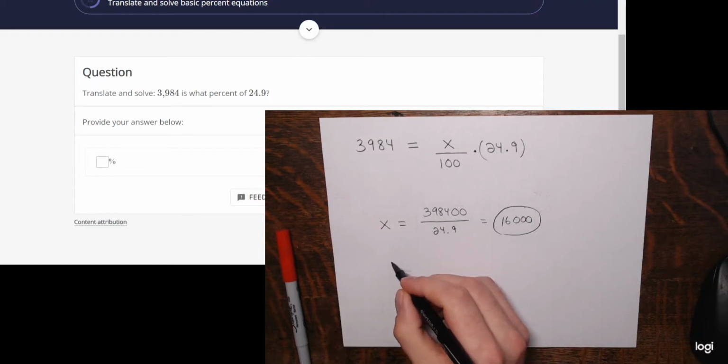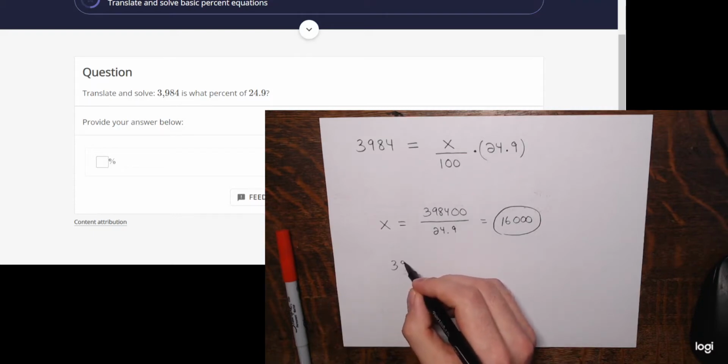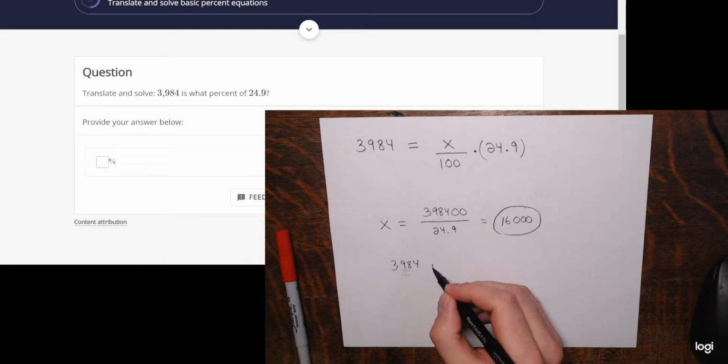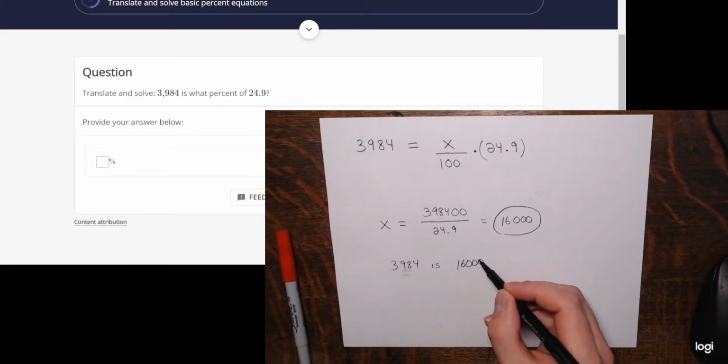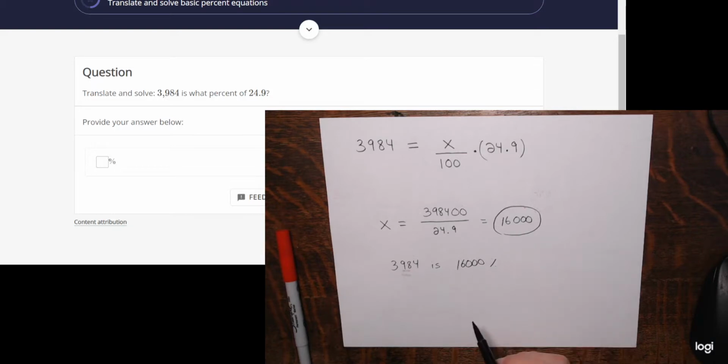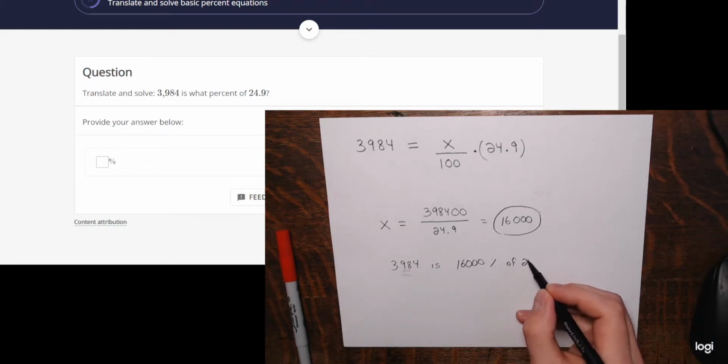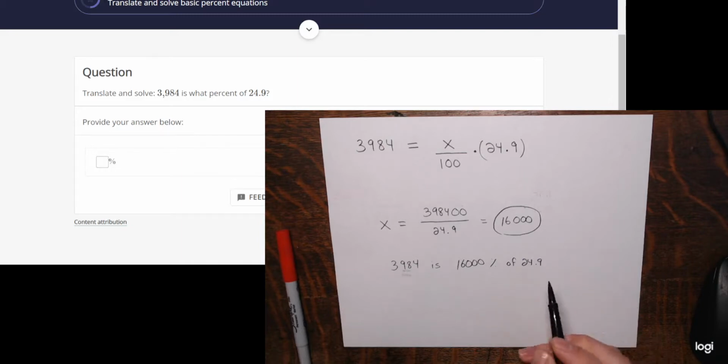So if I replace the words, right, that means 3,984 is 16,000, and then the word percent I can write the symbol for, percent of 24.9. Basically, 24.9 times 160 would be 3,984.